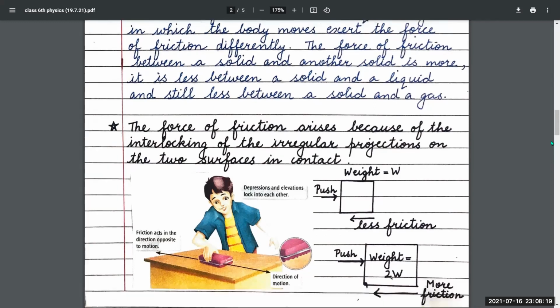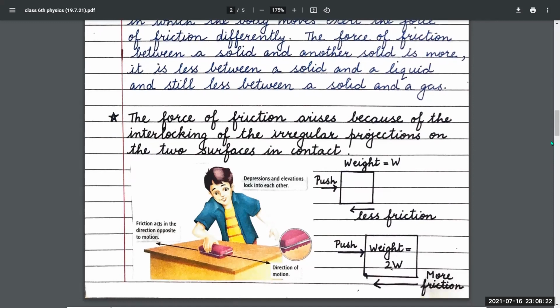Now, the force of friction arises because of the interlocking of the irregular projections on the two surfaces in contact. It means that if the push is more than the weight of an object, the friction will be less.